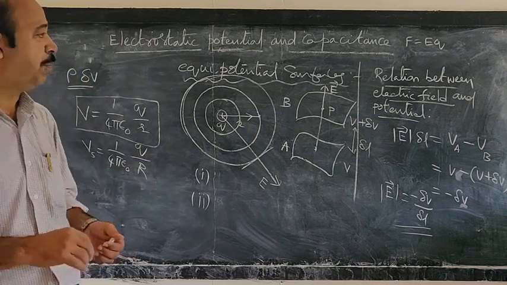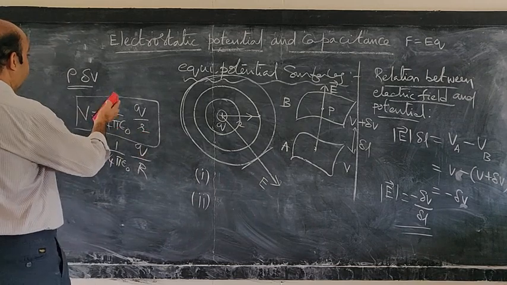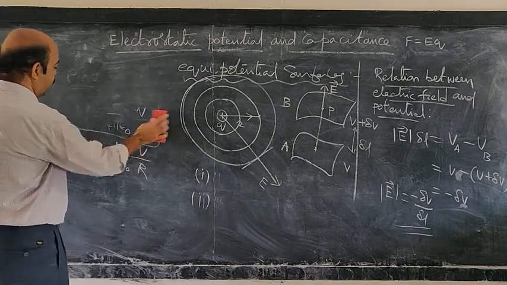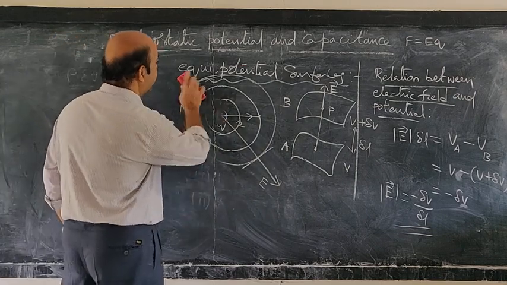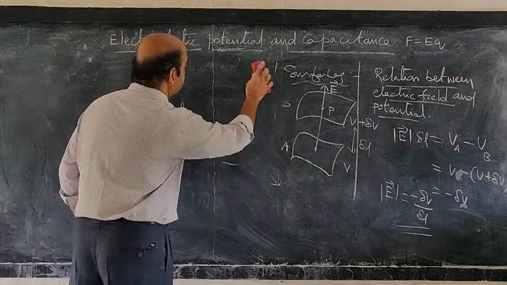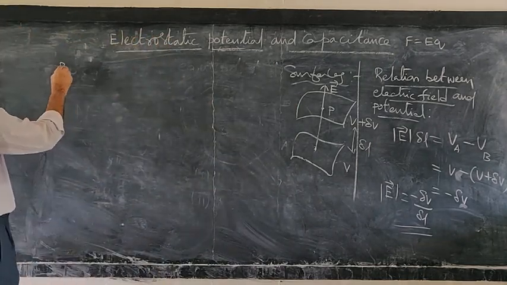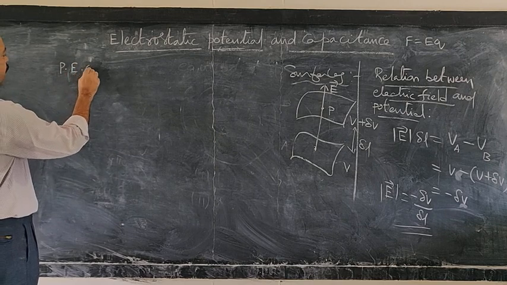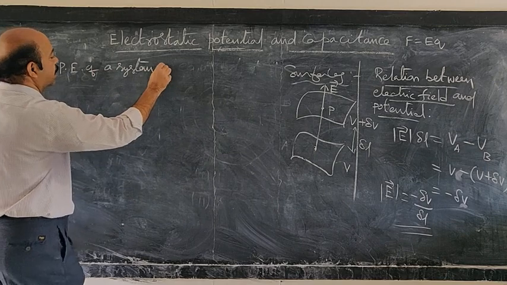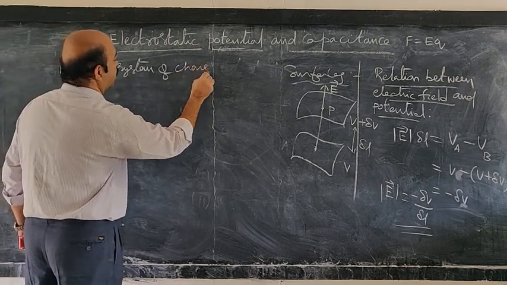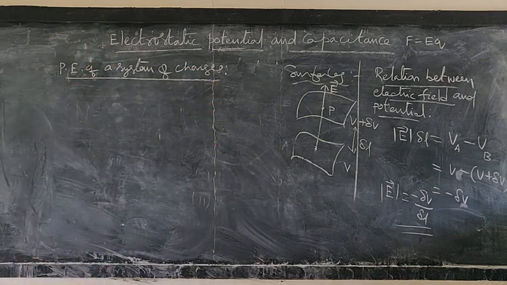Okay. So next topic we'll discuss is the potential energy of a charge system. That means electrostatic potential energy of a system of charges. See, already this topic was briefly discussed earlier.